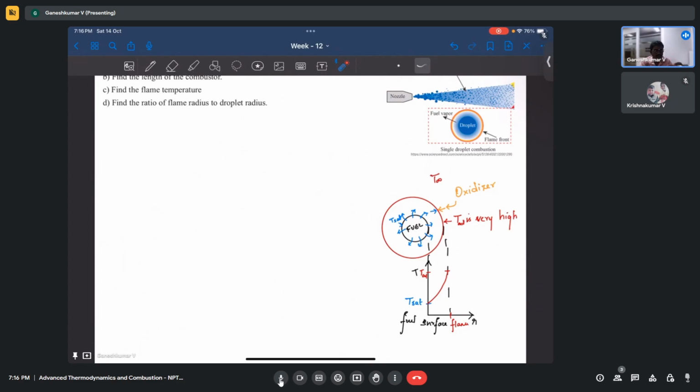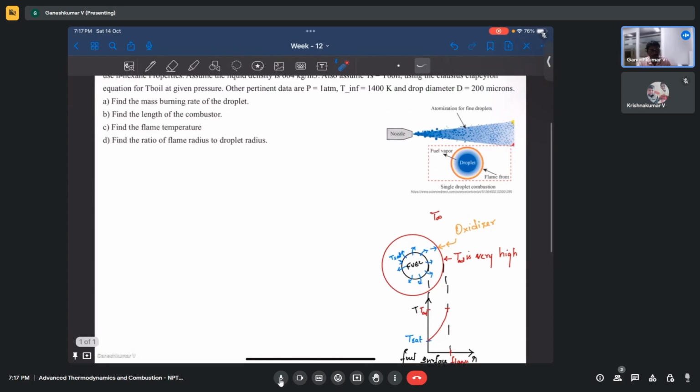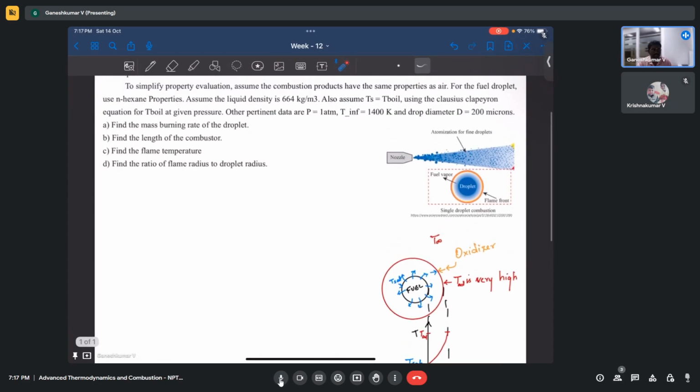If you have a lot of droplets, one or two droplets can agglomerate together, and it might create complex dynamics inside. So those are a few things which we need to take care of. That's why it's also better to know where the flame stays from the surface of the droplet. All those things are useful for preliminary analysis.